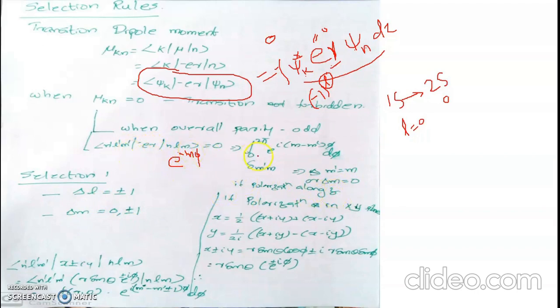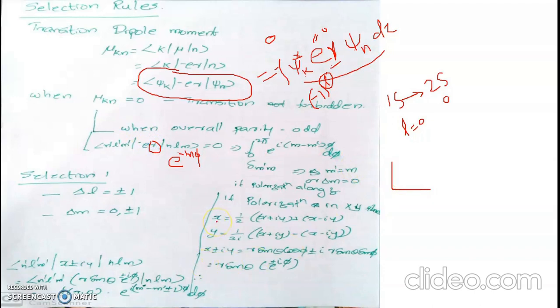Then you can easily take this e raised to i m phi in this manner. However, there can be one more possibility for the polarization. Polarization can be in the xy plane. If it is in the xy plane, then this term needs to be decomposed in terms of x and y components.